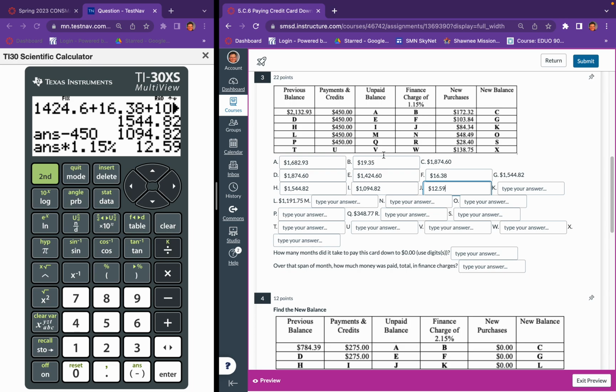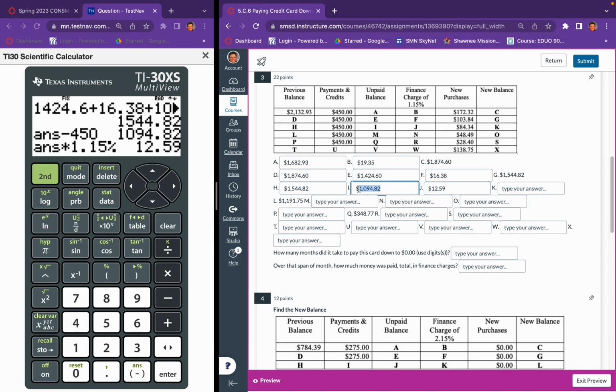Okay, so we owe them $1,094.82. They charged us a finance charge, and we put $84.34 on the card.